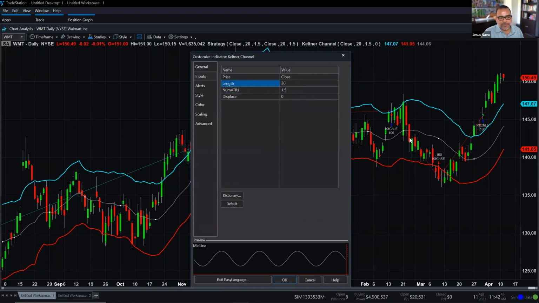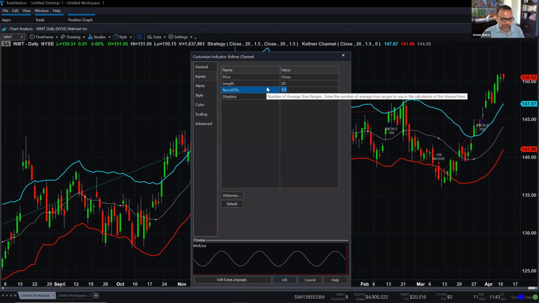This is the length for the middle line for the average, and the number of ATRs is 1.5. So in the calculation of the Keltner channel, the ATR, the average true range, is going to be multiplied by this factor, number of ATRs. And this determines how far away those bands are going to be.